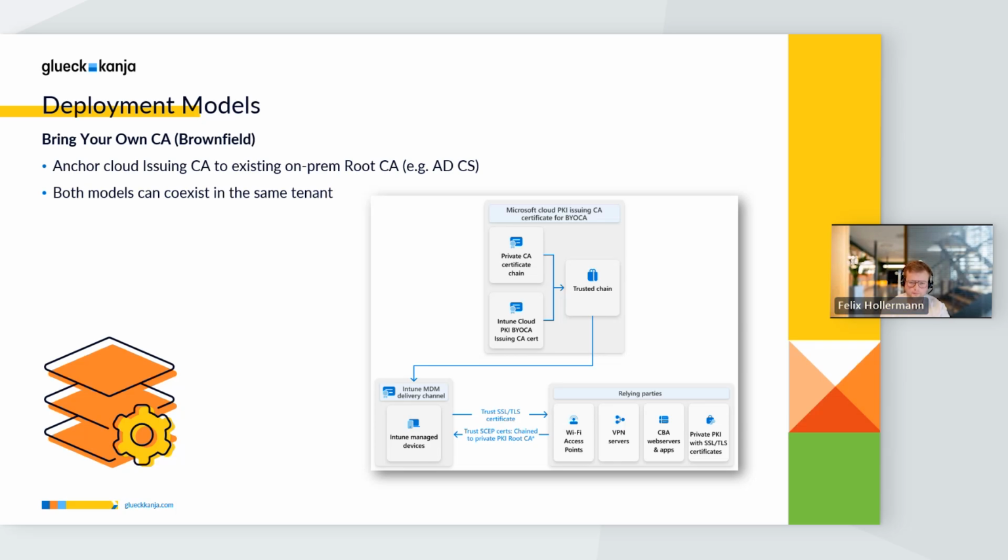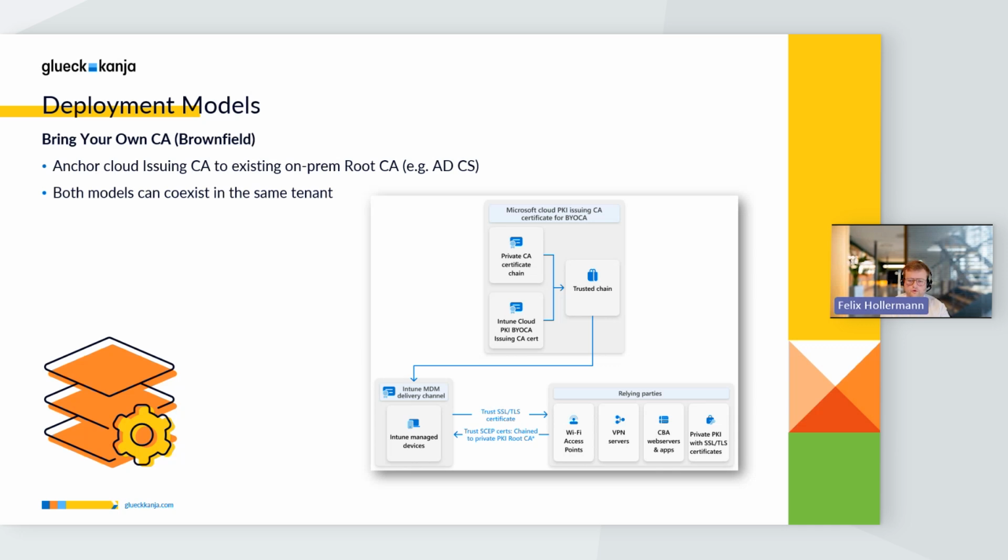On the right side, there's your network services like Wi-Fi, VPN, web apps. And like in the other model, you have to take care of it and can create GPOs to push the certificate.